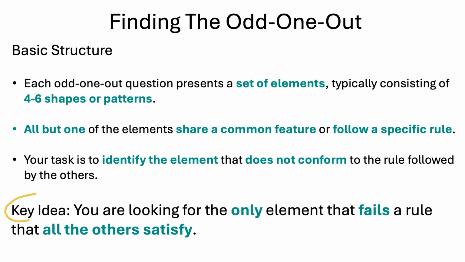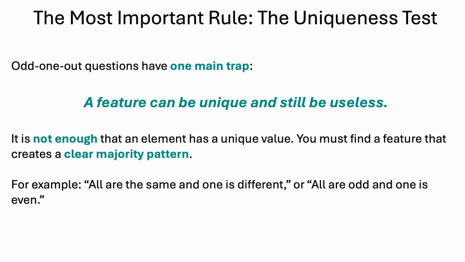So in other words, the key idea here is that you are looking for the only element that fails a rule that all others satisfy. So now let's talk about the most important rule for solving these odd one out questions, which is the uniqueness test. So odd one out questions have one main trap, and that's that a feature can be unique and still be useless.